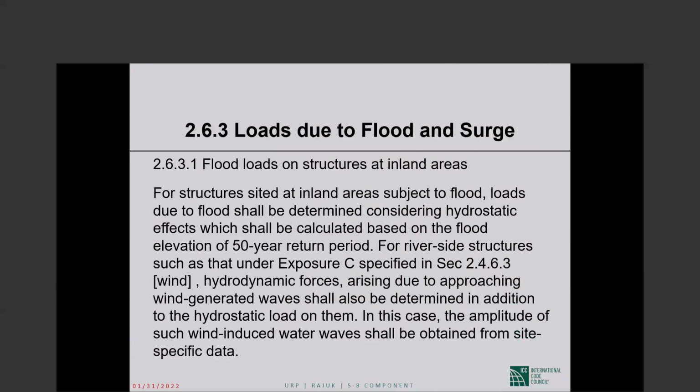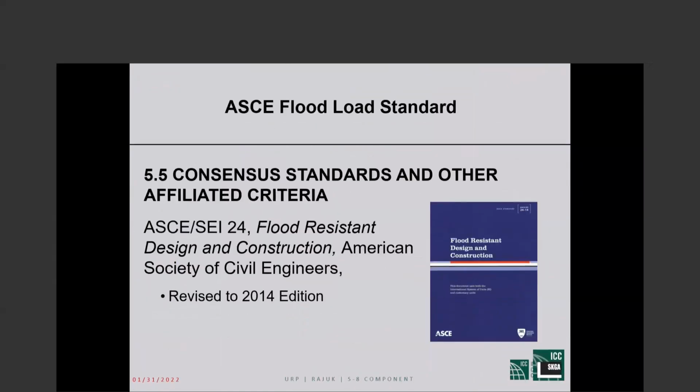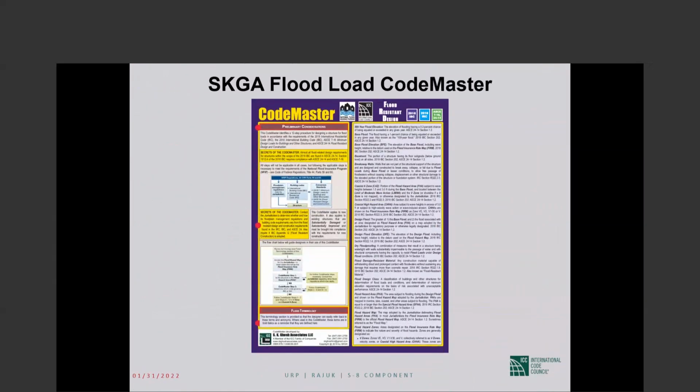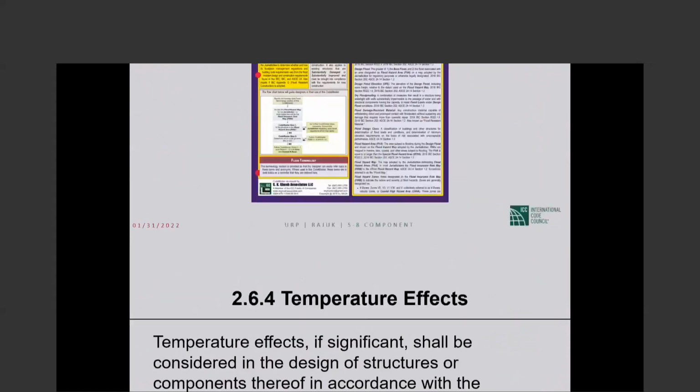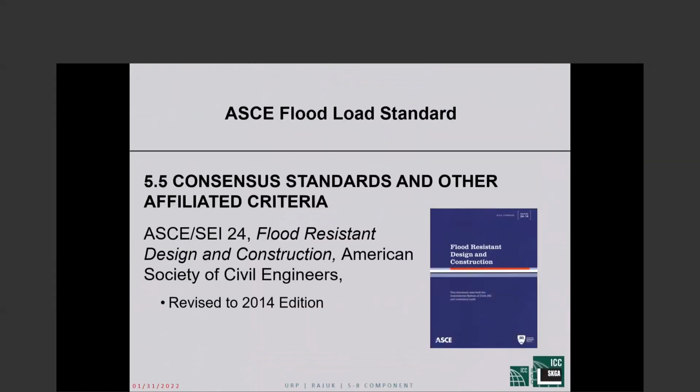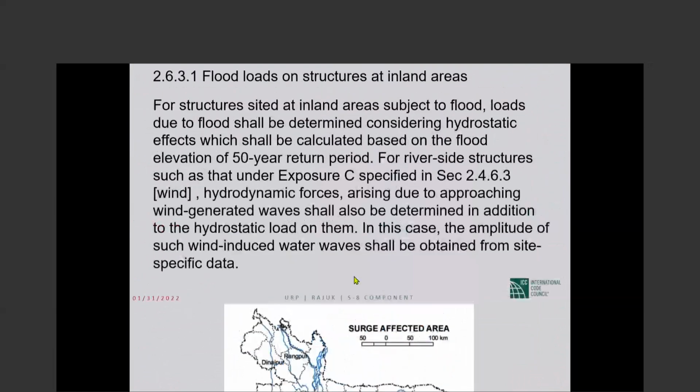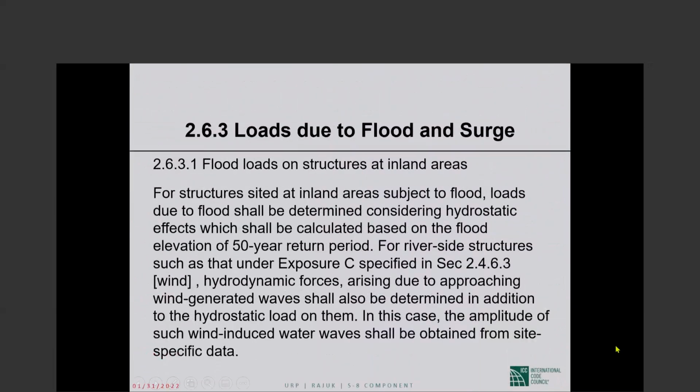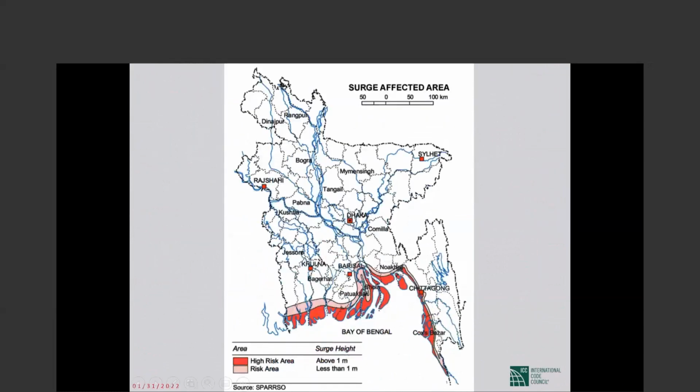And I may have dropped one section here, 2632, I'm not sure. In any case, in coastal areas, you are supposed to add the flood load part, the F sub A. Okay, let me check one thing quickly.